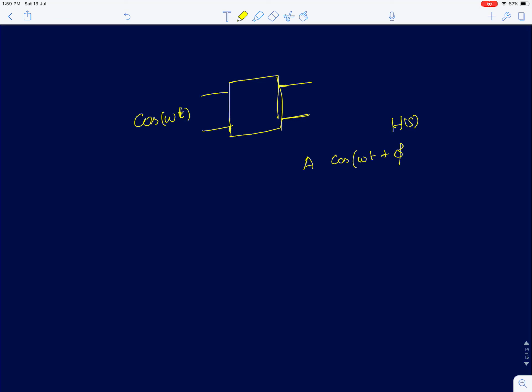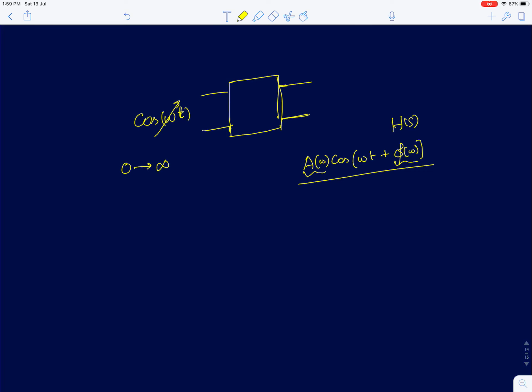Now what I will do here is vary the frequencies from 0 till infinity, and for each frequency I will record the amplitude and the phase. Essentially I am going to record the amplitude and the phase for each frequency. If you see, the input frequency and output frequency are the same.